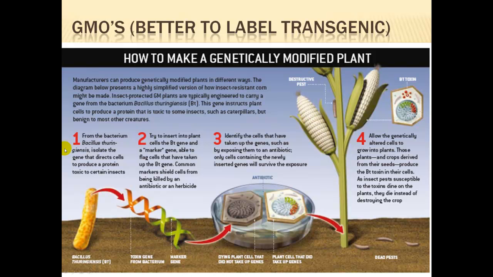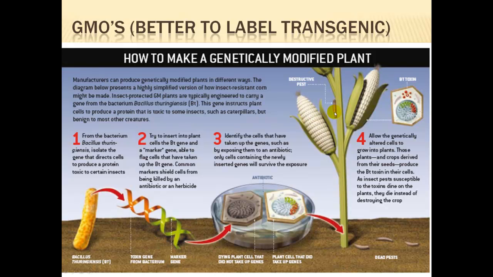We've often heard of BT corn or BT cotton, and what you do is you're taking this bacterium, Bacillus thuringiensis, and you're taking a protein from that toxic to certain insects like corn borers, like Colorado potato beetles, and you're splicing that into the gene, and that gene is now in the corn seed, and when that caterpillar eats the plant, its guts get affected by that and it will die.